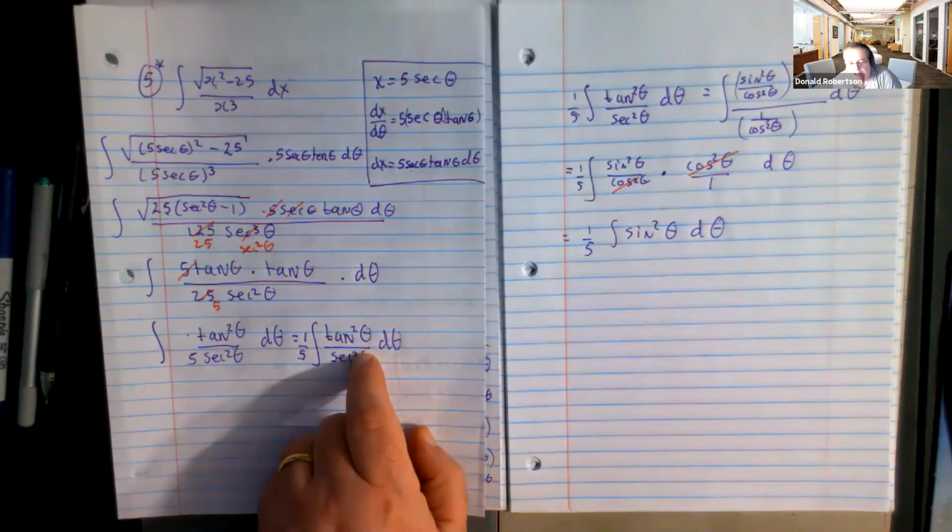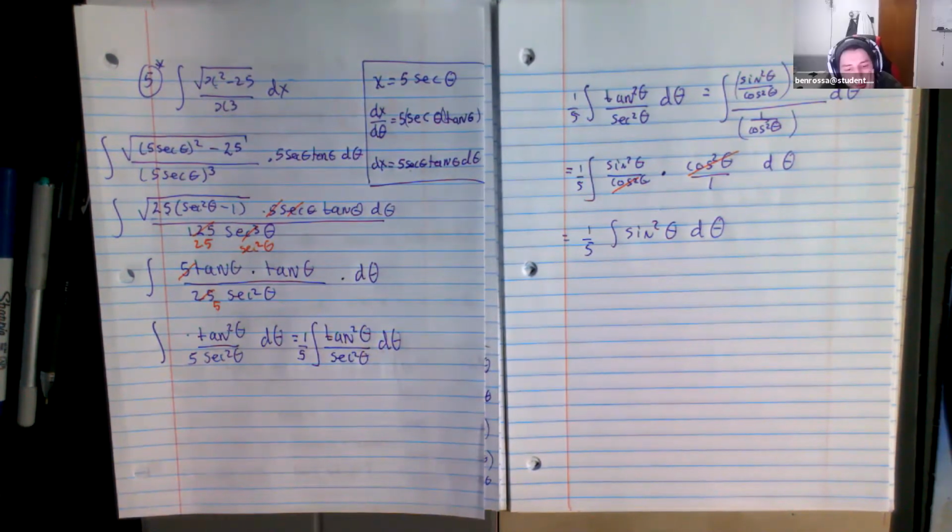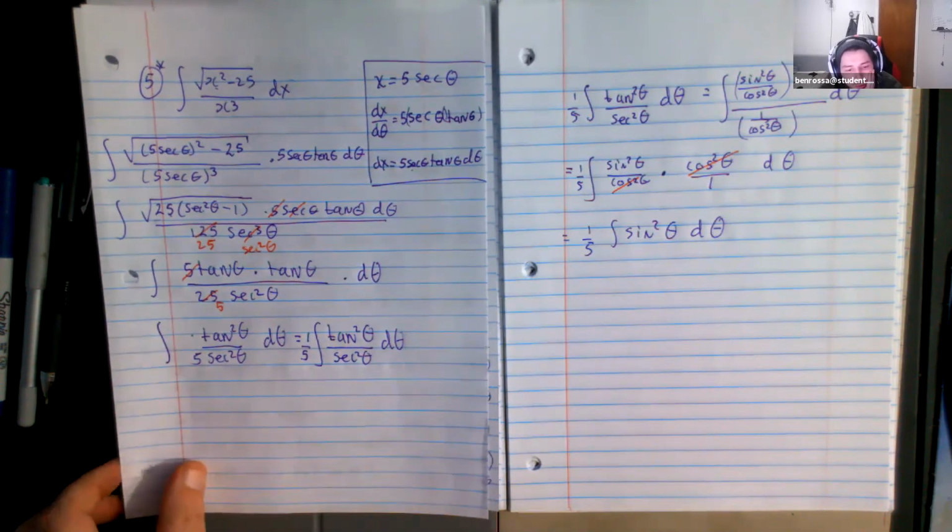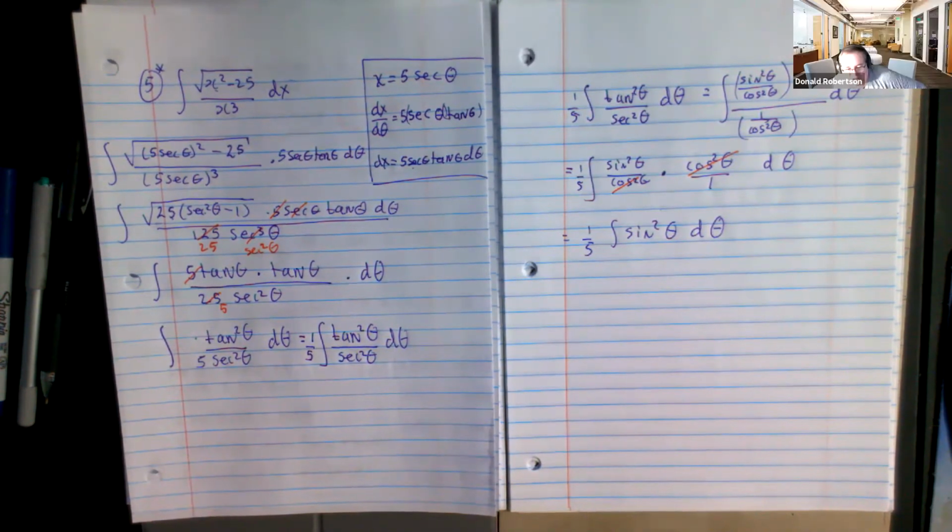Make it different, make it nicer. Tan square theta could be secant squared theta minus 1. Yes. And if you did that, you'd end up with some other bits, but in particular, you'd end up with 1 over secant squared. And you know 1 over secant squared is cos squared.